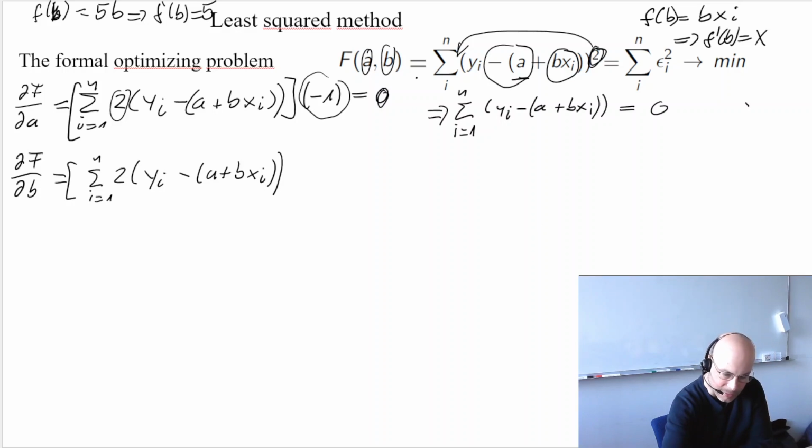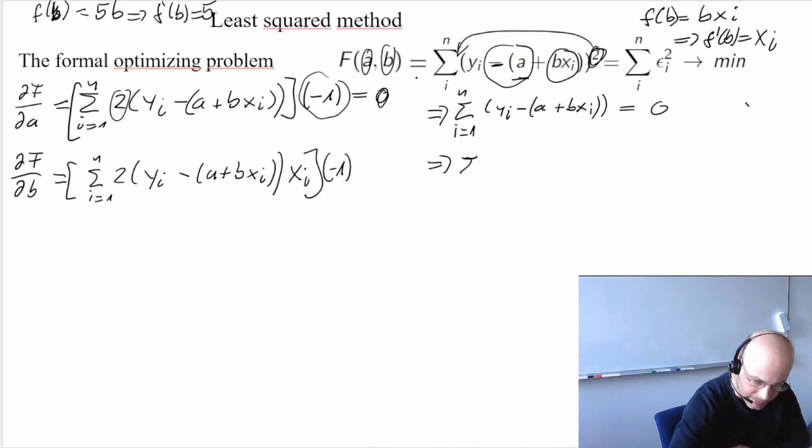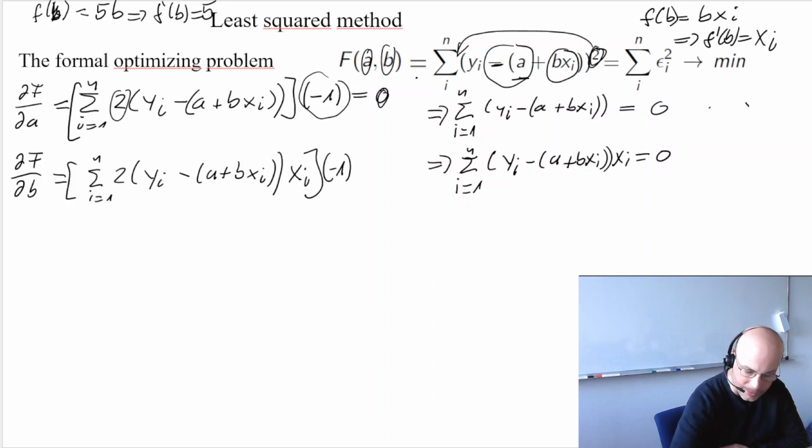So from this we just obtain xi. So again we have to write here xi, and we have also this minus sign. So minus 1. Again we can multiply by minus 1/2, and so we obtain the sum from i equals 1 to n of yi minus (a plus bxi), but now times xi equals 0.